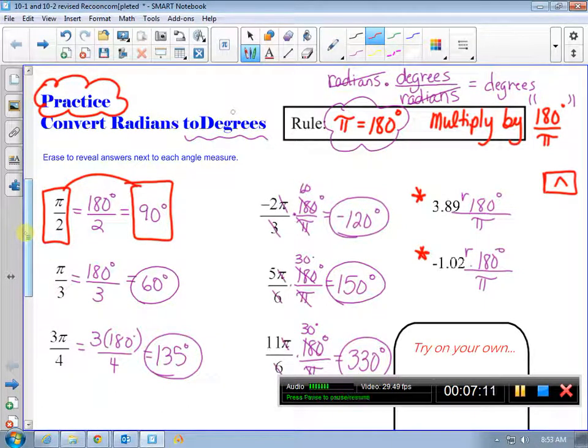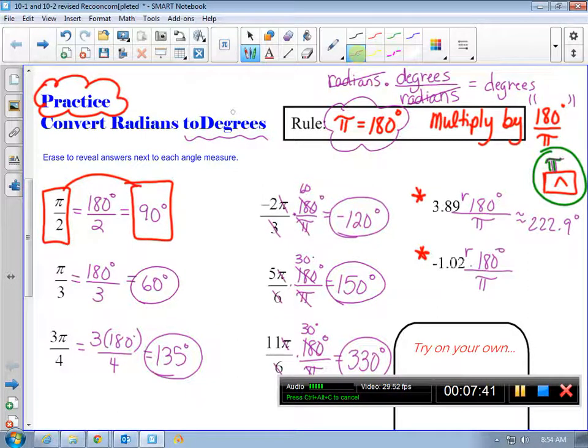So you hit second caret. Find that on your calculator. We want to use the value as close as we can to the exact value. So hit 3.89 times 180, then divided by, and go find that pi value. You should have approximately 222.9 degrees.